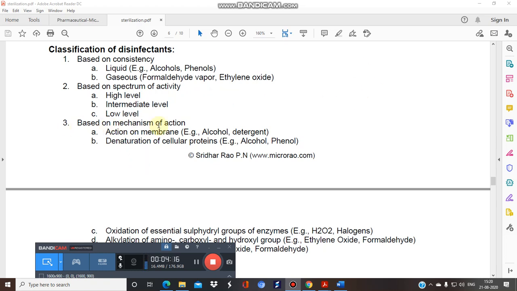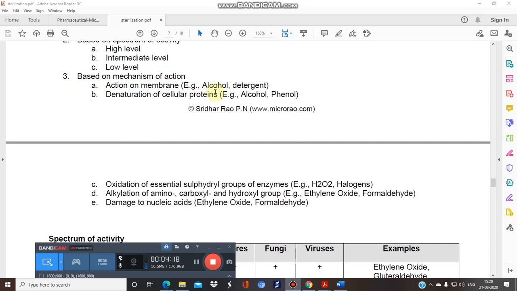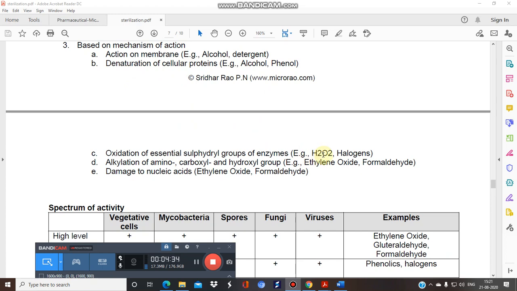The third one is based upon the mechanism of action. Some disinfectants act on the membrane, like alcohol and detergents. Disinfectants like alcohol and phenols cause denaturation of the cellular proteins of microorganisms. Some disinfectants like hydrogen peroxide and halogens cause oxidation of the essential sulfhydryl groups of enzymes, resulting ultimately in denaturation of the protein and death, so bactericidal action is achieved.